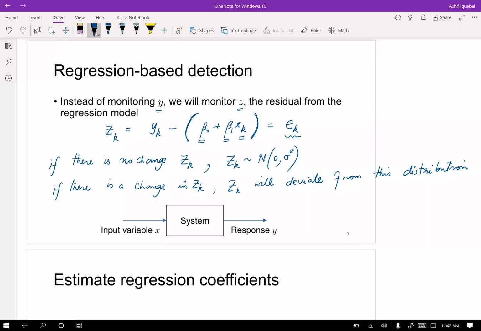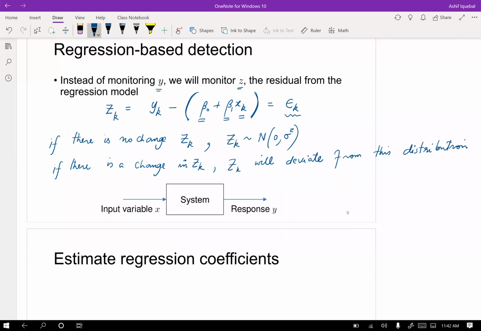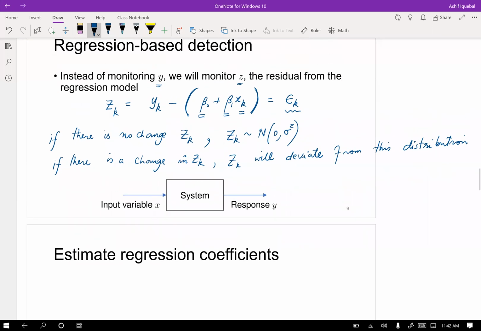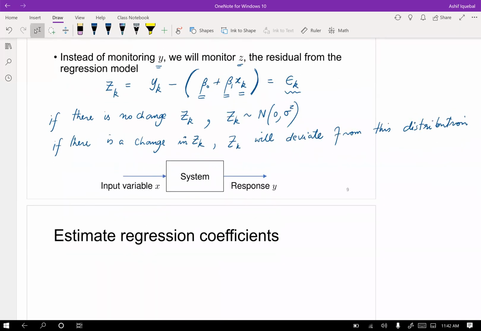All right. So what we have done essentially here is we have the system. We have the input variable, we have the response. We use the input variables to construct a regression model, and whatever we get from this regression model, we subtract from y, and we get z, and this is what we monitor.